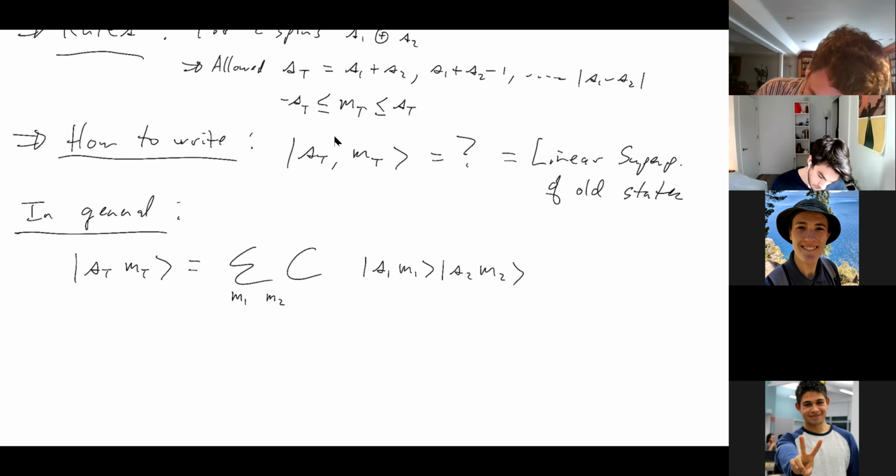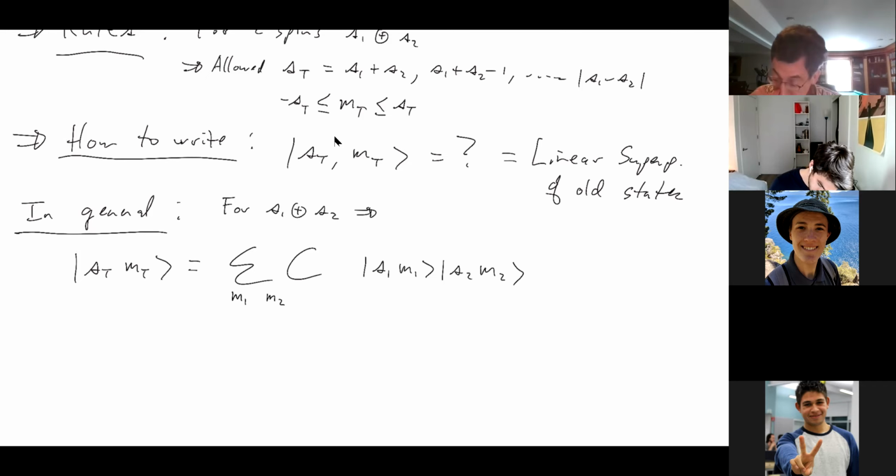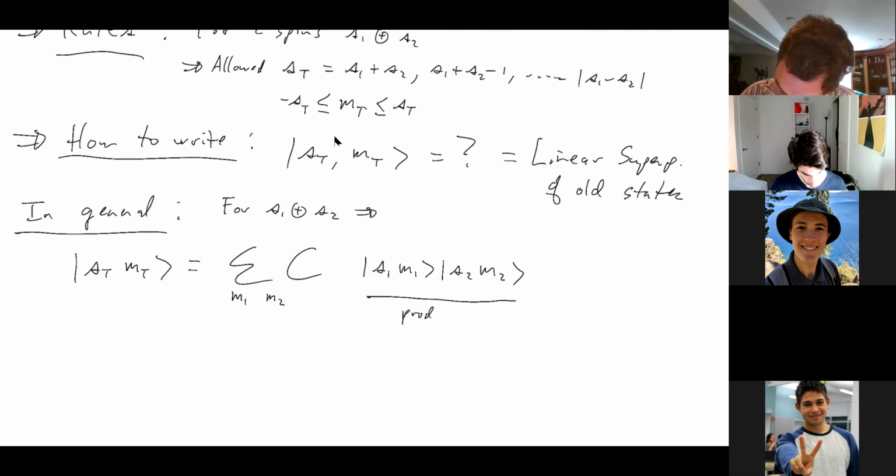This is for addition of two spins. So the total spin state is this linear superposition over all of the possible product states. That's the old basis.